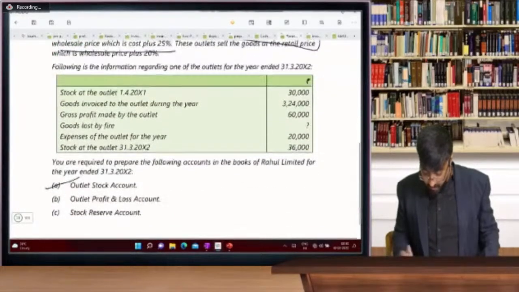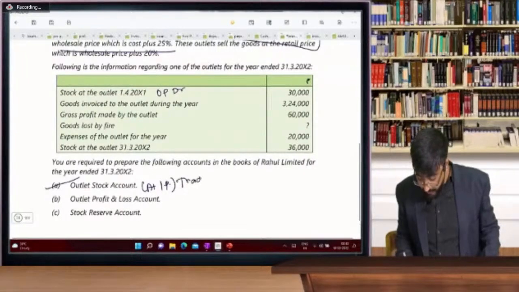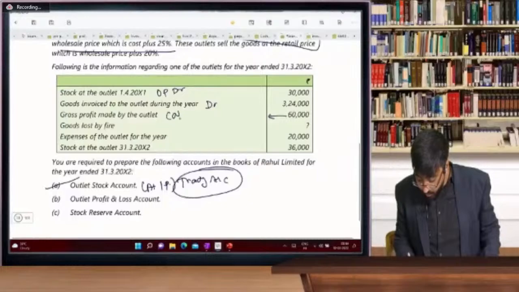Outlet stock account, it is always at invoice price. P&L account, stock at the outlet, opening debit. This is similar to trading account. Goods invoiced, debit, gross profit made by outlet given. So helpful here you can write calculate sales.